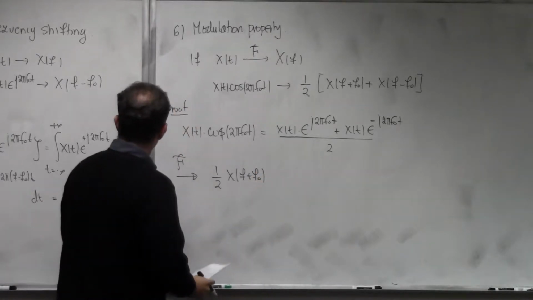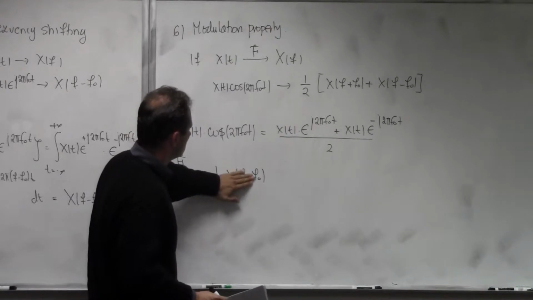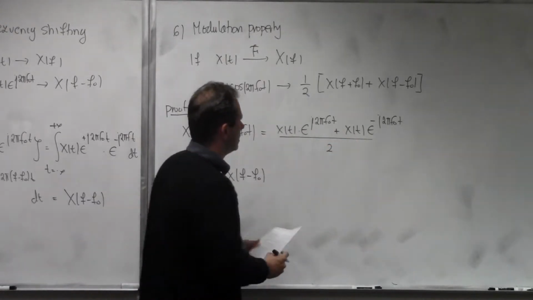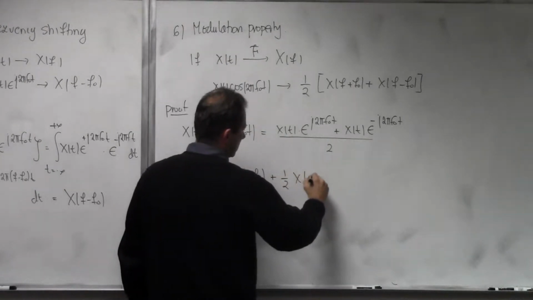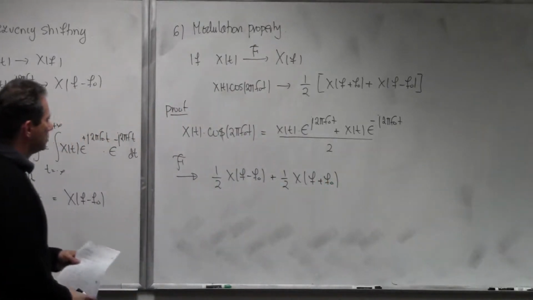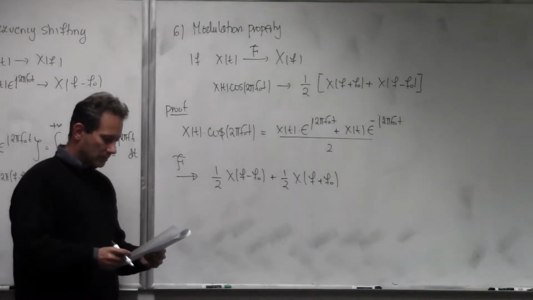Why? Because you see here, the first term is minus f0, and then this one here is plus 1/2 x of f plus f0. So just utilizing the previous property, I get the proof of this one.